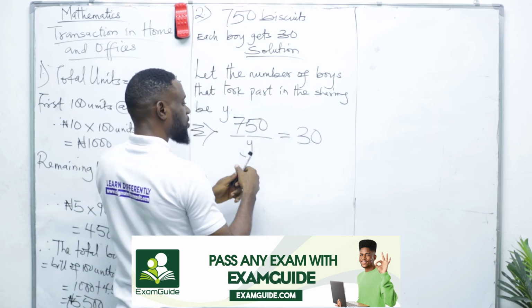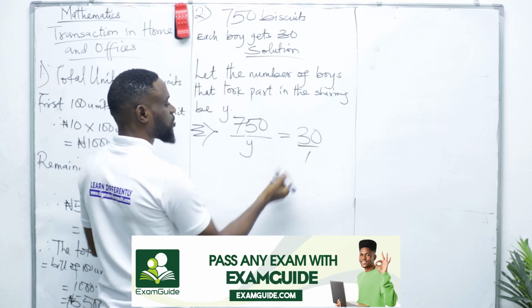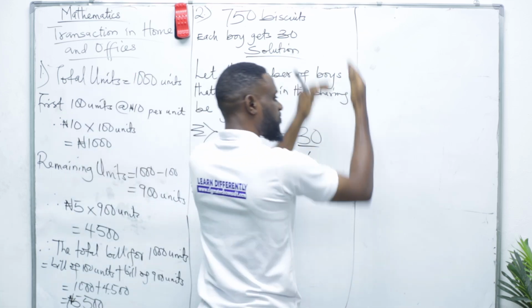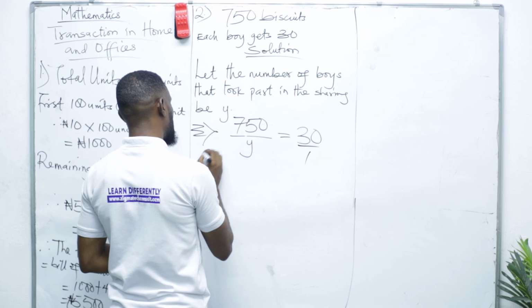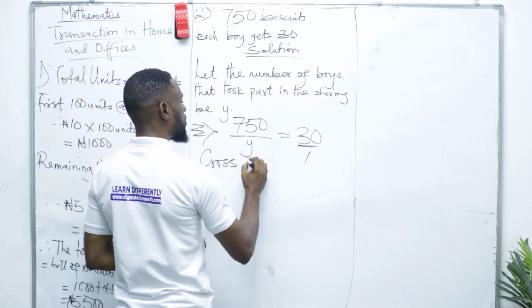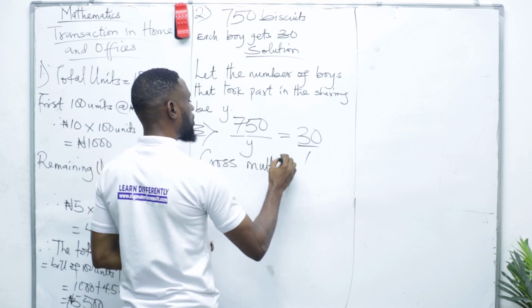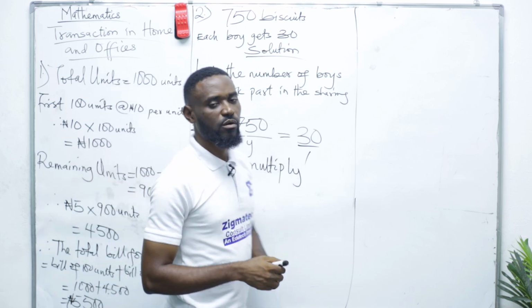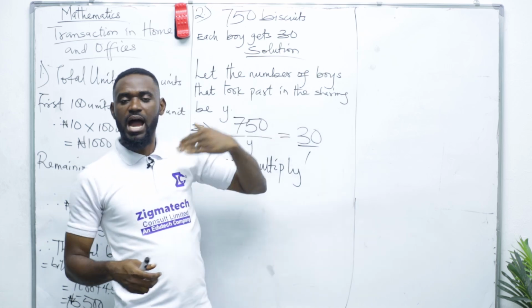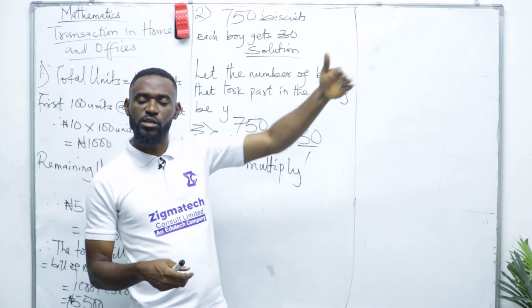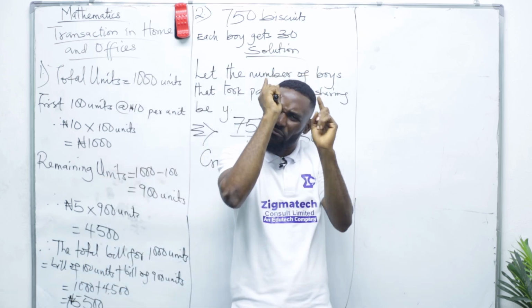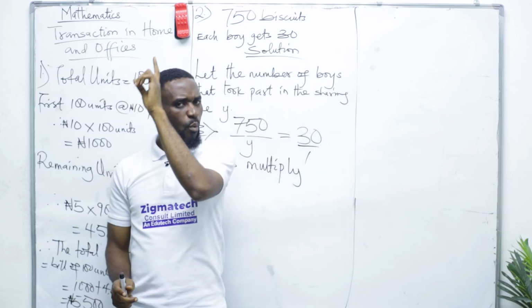So this is a fraction, this over 1. This is another fraction. I've said when a fraction is equal to another fraction, we cross multiply. We only cross multiply when a single fraction is on both sides of the equation. So at the left hand side, we have one single fraction, right hand side, one single fraction.